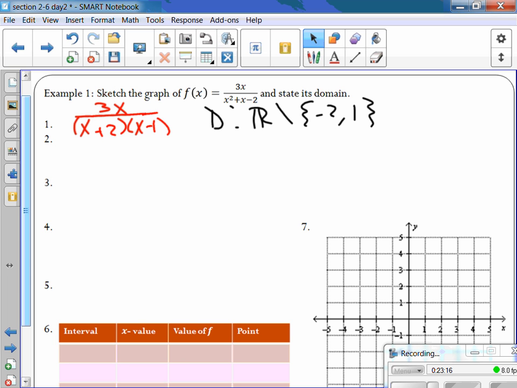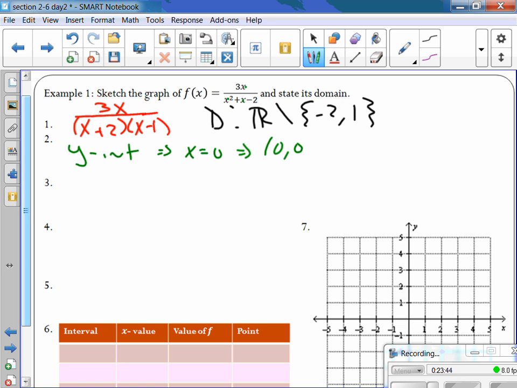Abby, what about my y-intercepts? You just set x equal to 0. Okay, so I got a 0 here, a 0 here, and a 0 here. Absolutely. 0 over a -2 is going to be 0. So we know that I have my y-intercept at the origin.